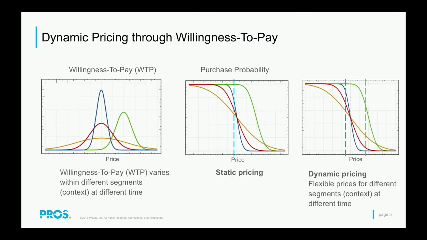In the dynamic pricing case, we will set flexible prices for different segments. So segment here will also serve as the context for pricing. That's the information we find relevant to finding a different optimal price for different segments. So this is one way to do dynamic pricing.